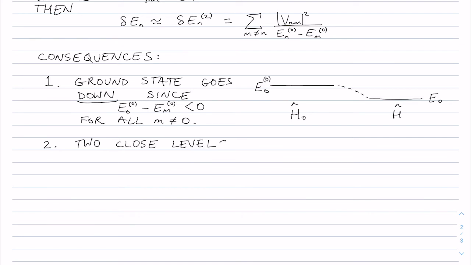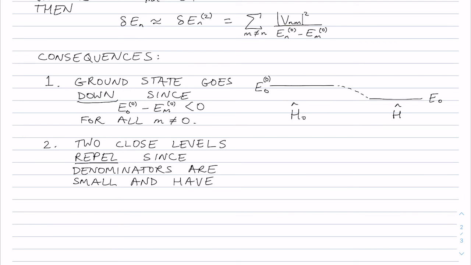So you've got two close levels, they repel, since the denominators are small for those two and have opposite signs for the two levels. All right.